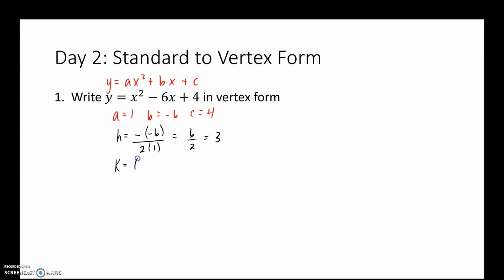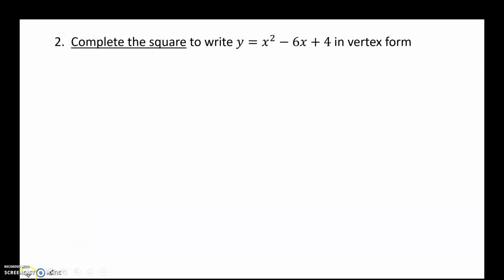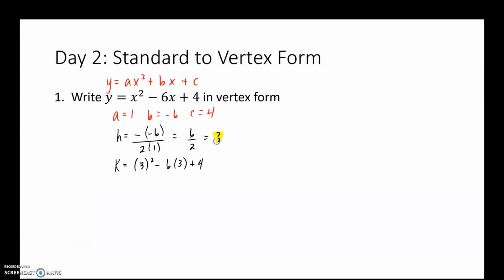The y coordinate of my vertex, I take that value that I just found and I plug it in wherever I see x. So whatever I get for x, I replace into my function, and I get 9 minus 18 plus 4, negative 9 plus 4, so that gives me a y value of negative 5.